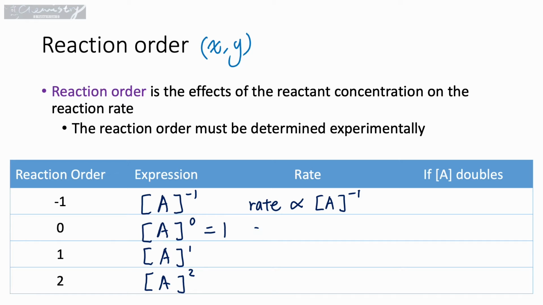Okay, let me do this again. So it is independent of A. If it's zero order, that means the concentration of A doesn't really matter. And remember, A over here is a reactant.